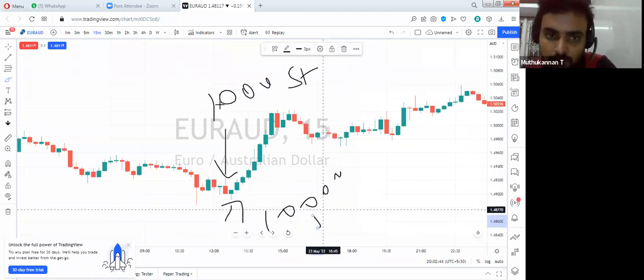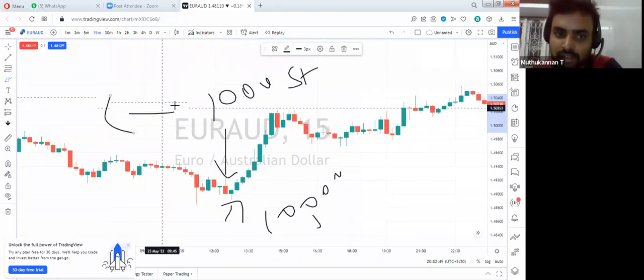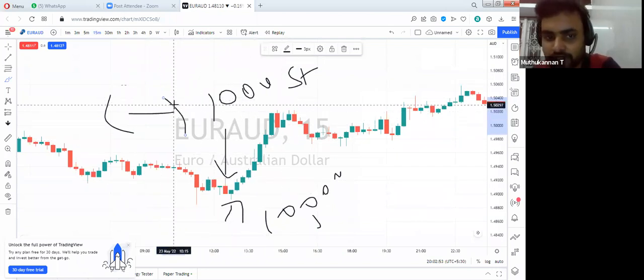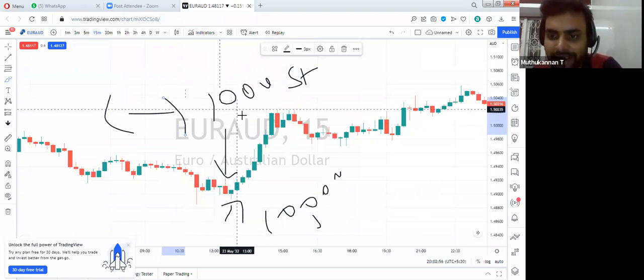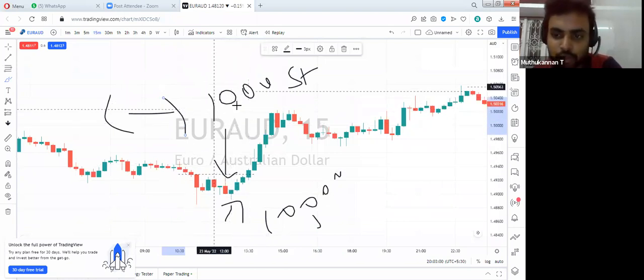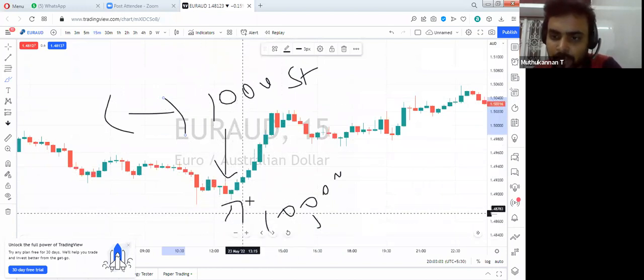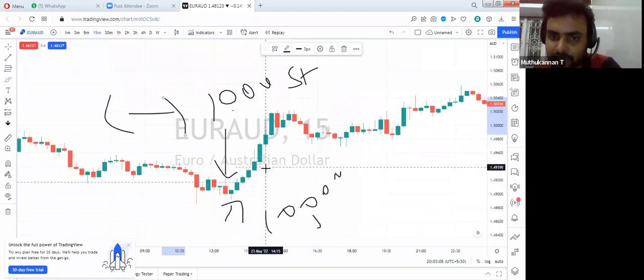Now this 1,000 lot will be negative, right? Loss, right? Since they don't put stop loss, this 1,000 position will be in the minus. Negative position, it is in the loss. But this 10,000 will be in profit, correct?